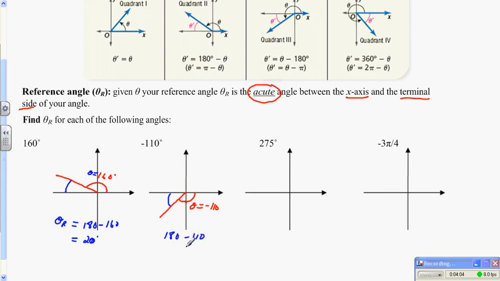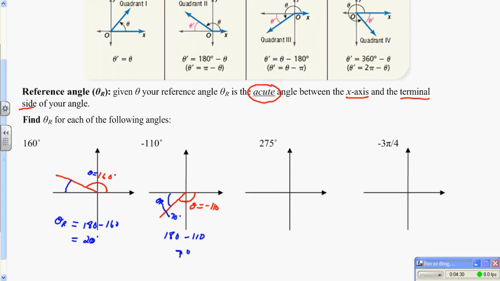Again, whatever makes it supplemental, and that would give you 70. Now remember, reference angles are positive. So theta r, or reference angle, is 70 degrees.